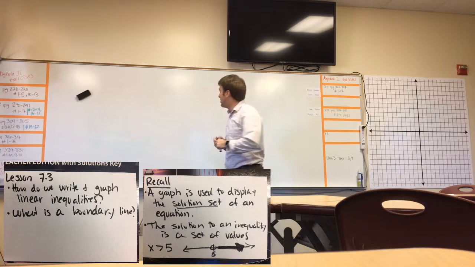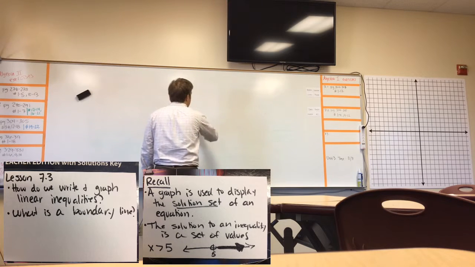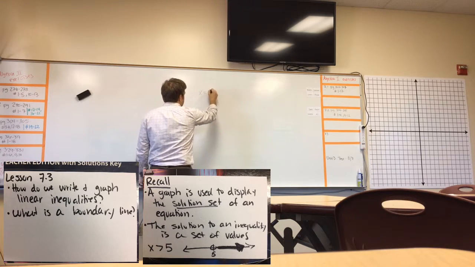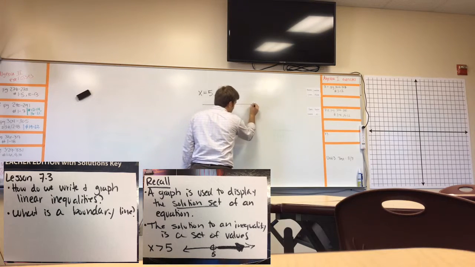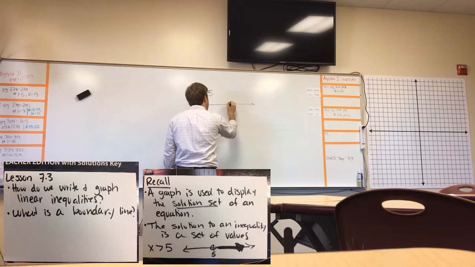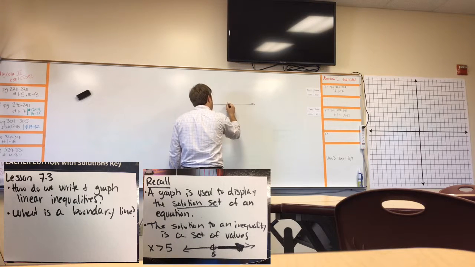If we were to say x equals 5 and we wanted to graph that on a number line, we would take a number line, and 5 would be here, and we'd fill it in.